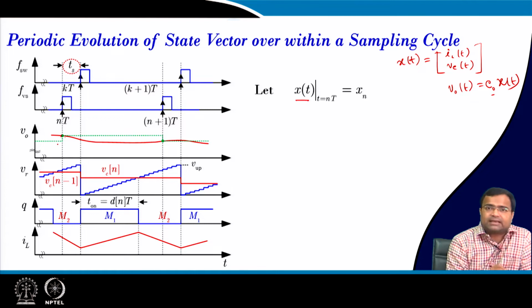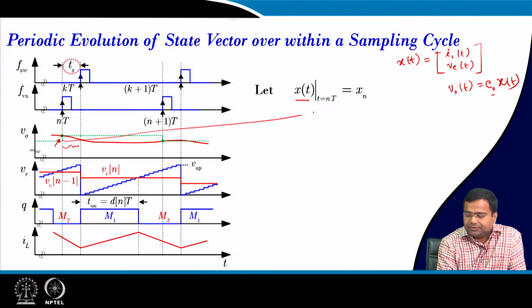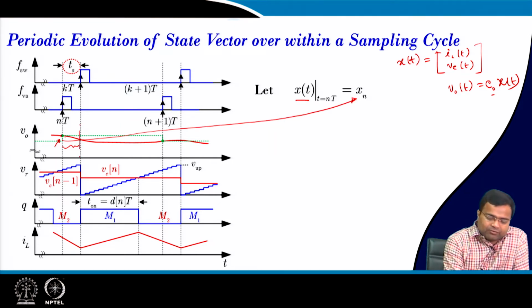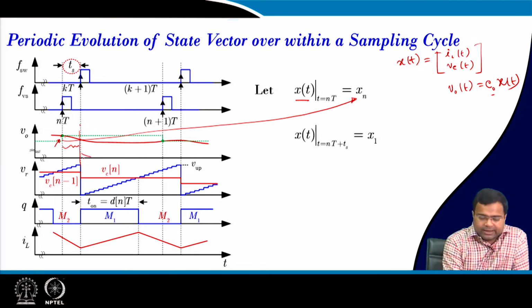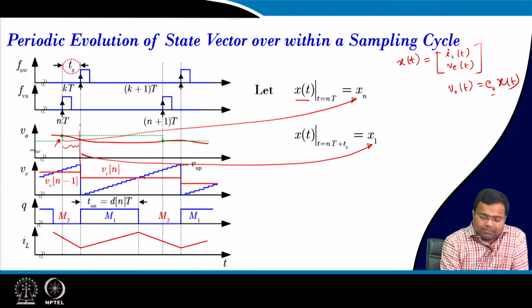Now, if you take this sample here, it will first undergo mode 2, and this point we are calling xn. Then at this point, what is the state variable? We will call it x1. So, this will be my x1. Then it will come to this point when the switch will change its state.